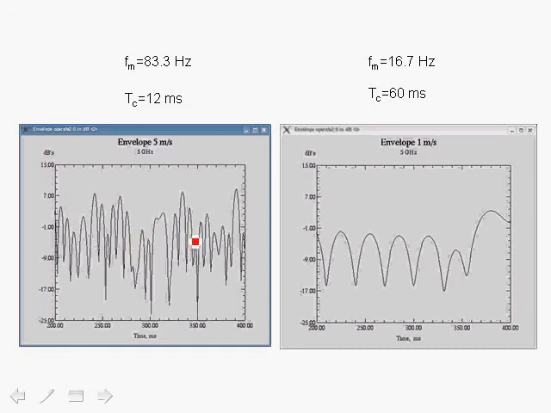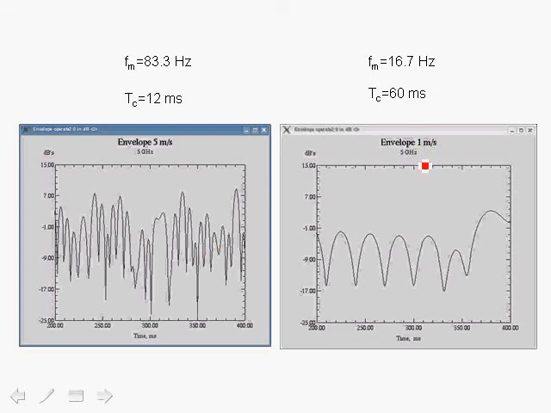In this figure over here, we're looking at the envelope at 5 gigahertz carrier and at a vehicle speed of 5 meters per second. The Doppler shift is 83.3 hertz. That's the Doppler spread. And the coherence time is the inverse, which is 12 milliseconds. So we're seeing that over time frames of 12 milliseconds, the channel changes and we exhibit deep fades.